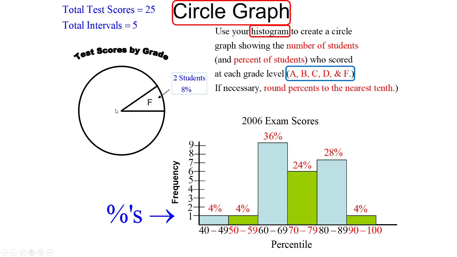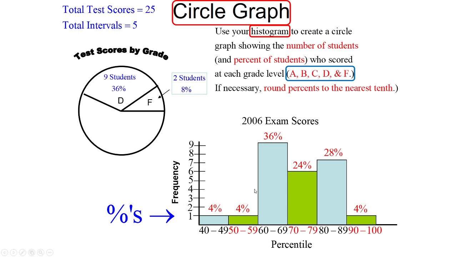So that's going to be like right out in here somewhere. And again, it doesn't have to be perfect. You're just trying to get a general picture. But this would be the percent of the grades that were a D. And you definitely want to label it, but this is your visual right there. So that was how many students and what percent. That is D, which would be 9 students or 36%.